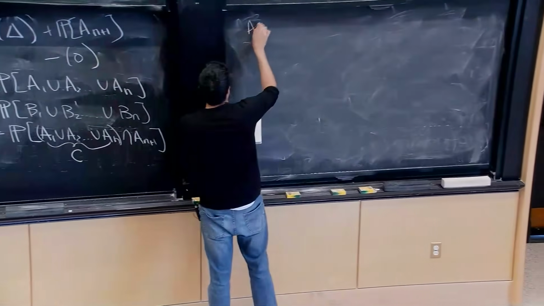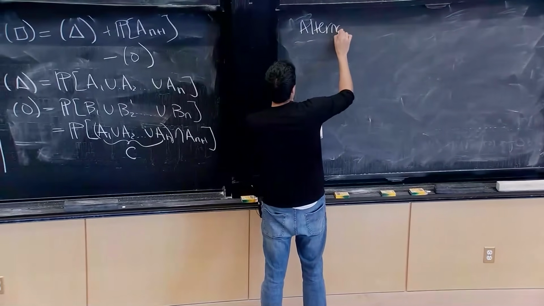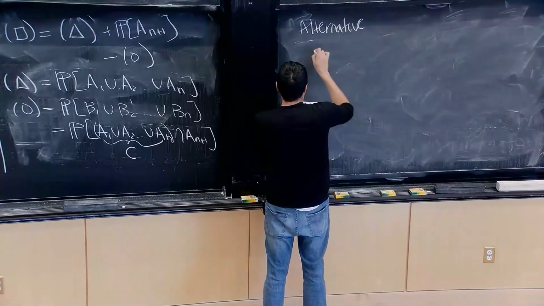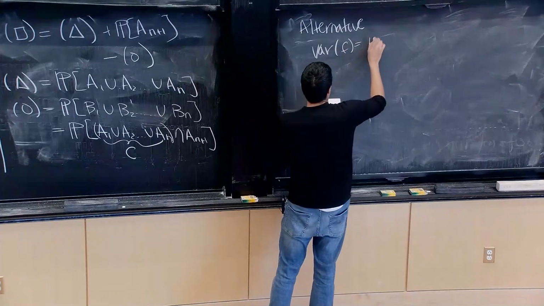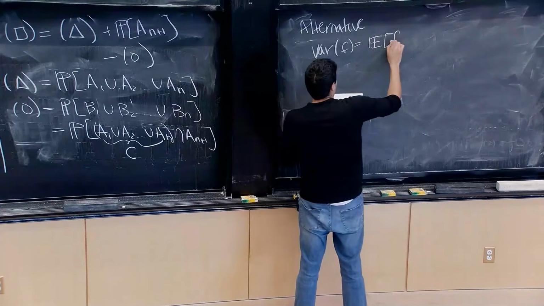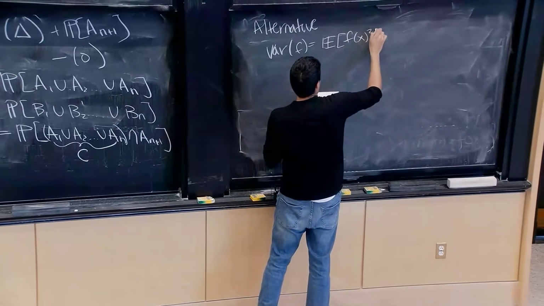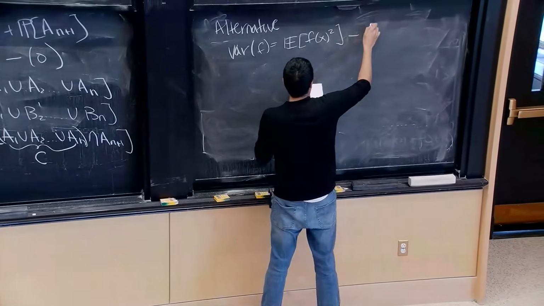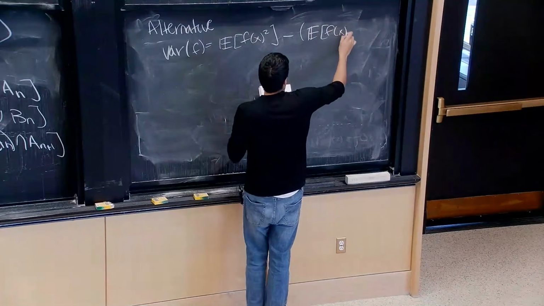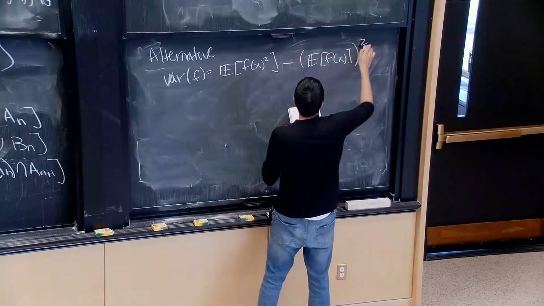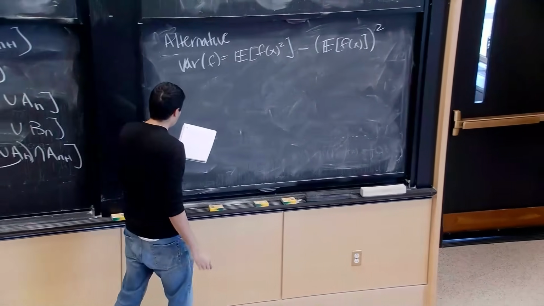So a completely alternative formula is that the variance of f is equal to the expectation of f of x squared minus the expectation of f of x, but with the square on the outside. Okay?